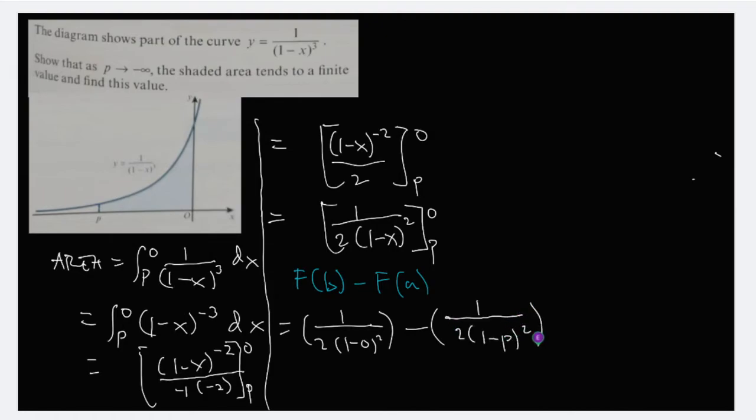Now let's evaluate this. This gives us 1/2 minus 1 all over 2 times 1 minus p squared.